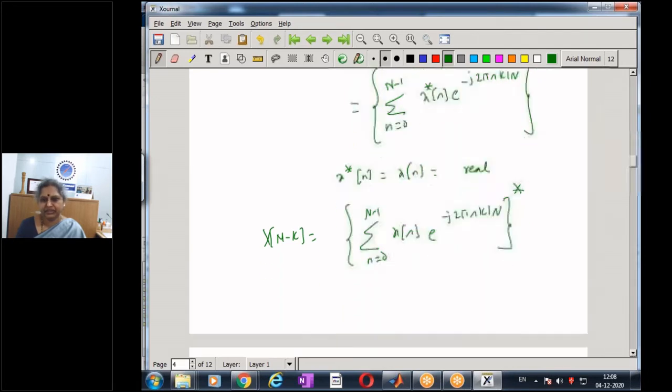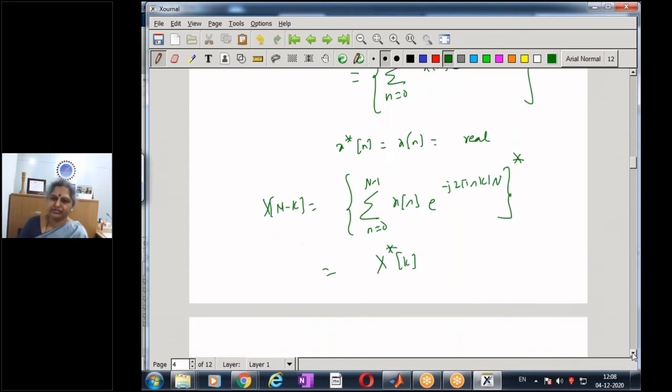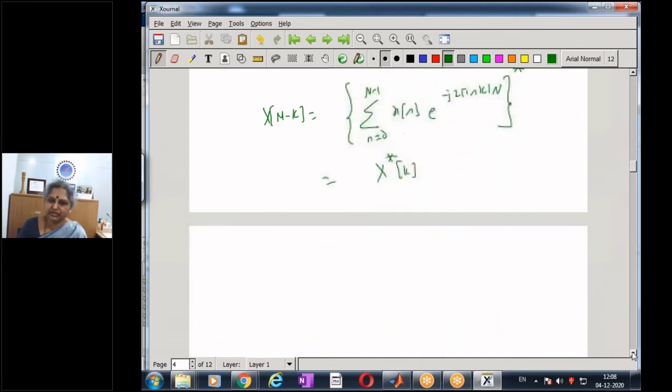And the quantity within the brackets can now be recognized as X of k, and hence we have X of k conjugate.